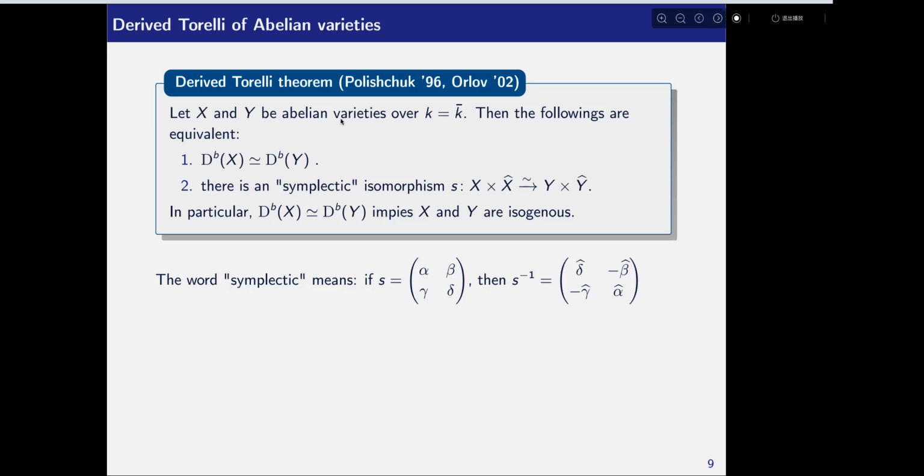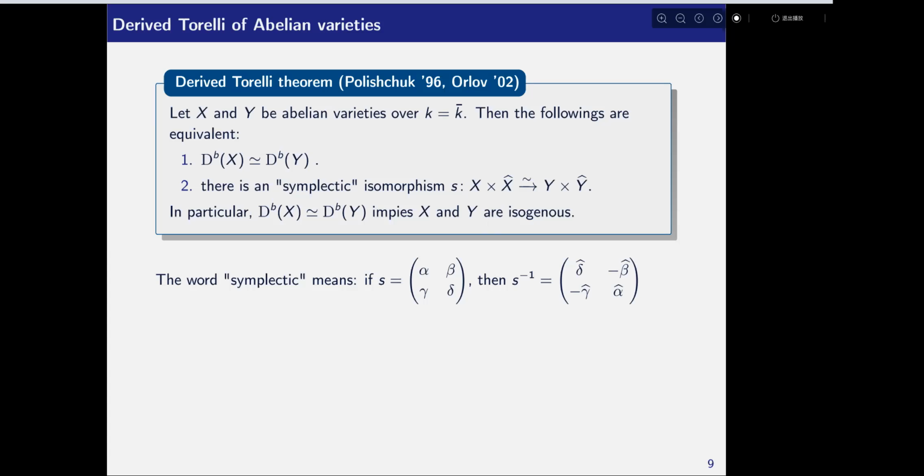For x and y abelian varieties, the following are equivalent: x and y are derived equivalent, and there is a symplectic isomorphism between x cross x dual and y cross y dual. In particular, because of the existence of such a symplectic isomorphism, if x and y are derived equivalent, then x and y have to be isogenous, in the standard sense of isogeny between abelian varieties: a surjective finite map between them.